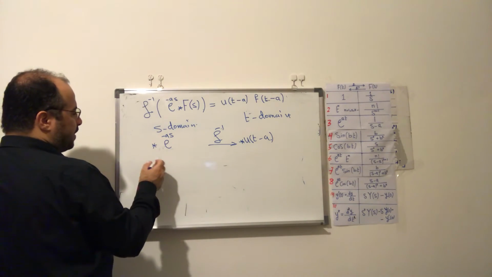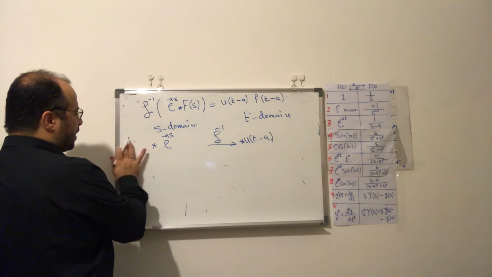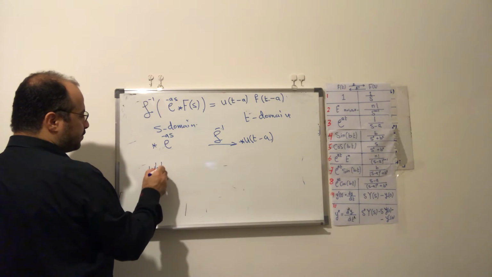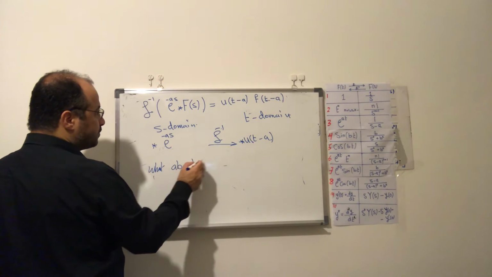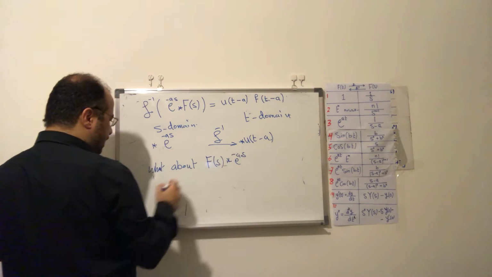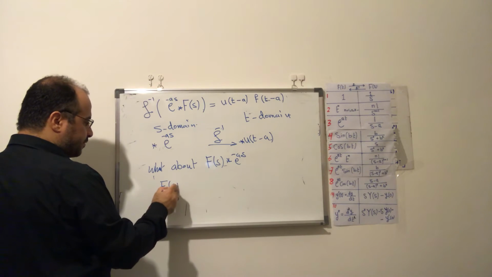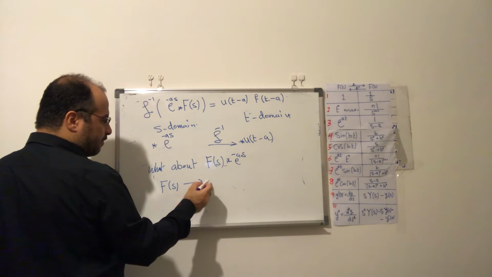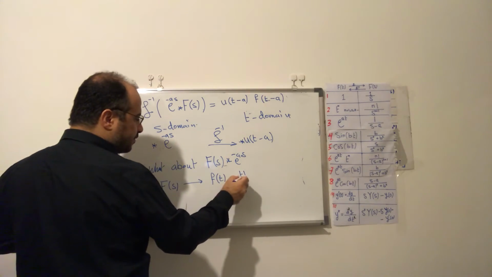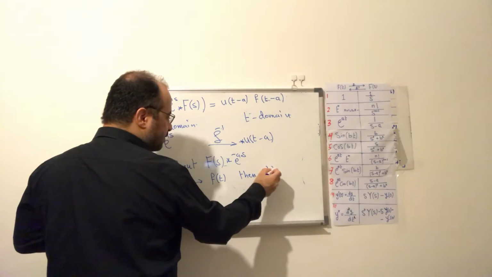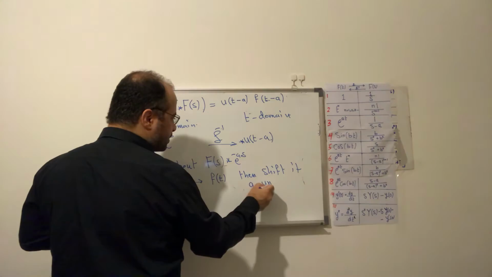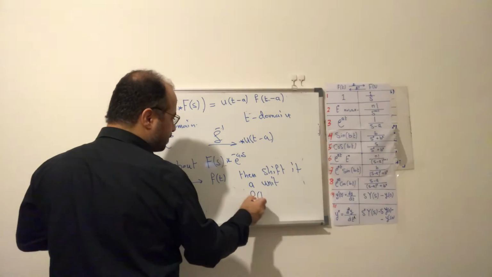Now if you have F of s times e to the minus a s, what about that? For F of s, to go to f of t, first you go to f of t, then shift it a units, which means you're going to have f of t minus a.